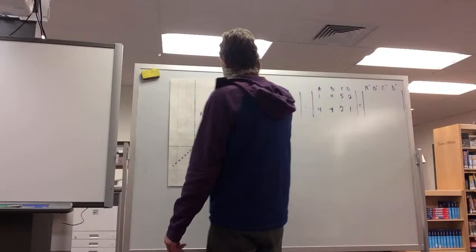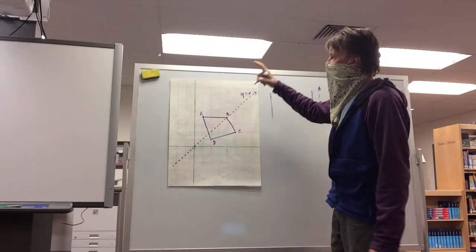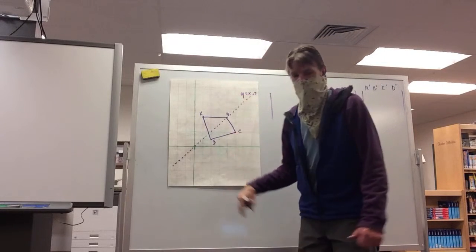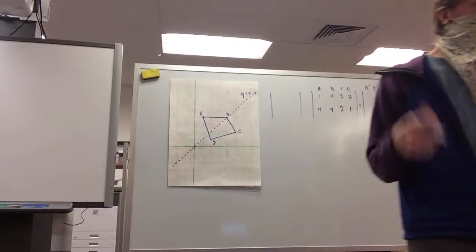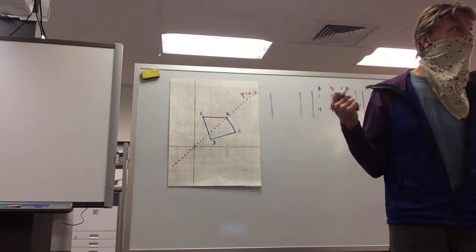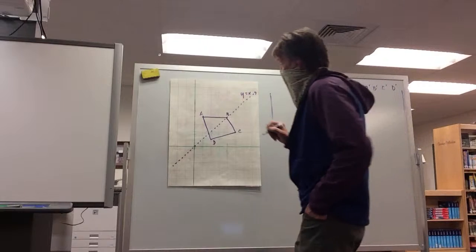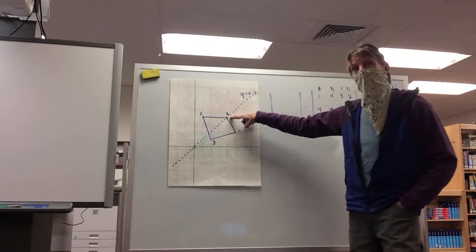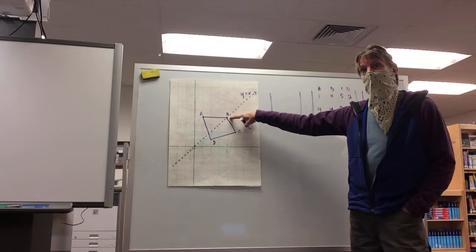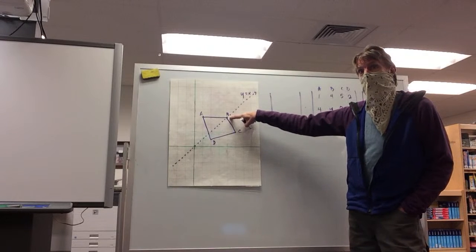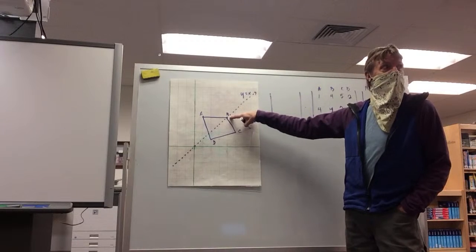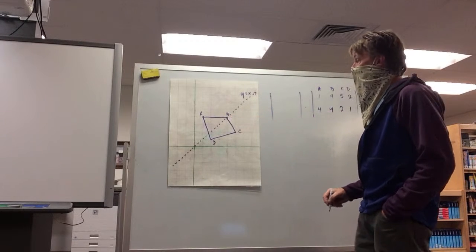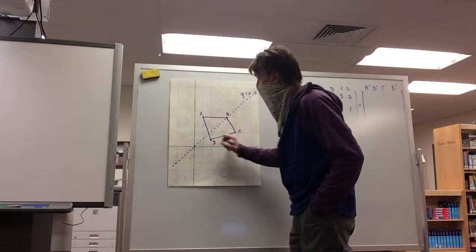So even though the reflections over the y and the x lines are a little bit more straightforward, let's go and reflect over y equals x. If we did that, what happens to the b value on my graph? It stays the same, it just sits there. What happens to the d value? Where does it end up?